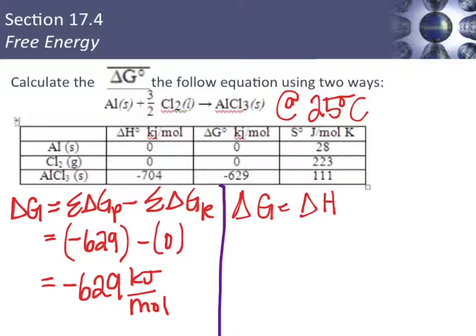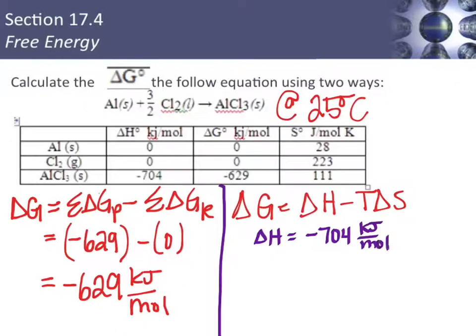All right, now let's solve it the other way, where we use delta G is equal to delta H minus T delta S. This time, we aren't going to use our delta G's. We're going to use our H's and our S's to figure this out. So first of all, we have to find delta H. And if you're lucky enough to remember, we solved delta H on the previous page. So delta H is negative 704 kilojoules per mole.